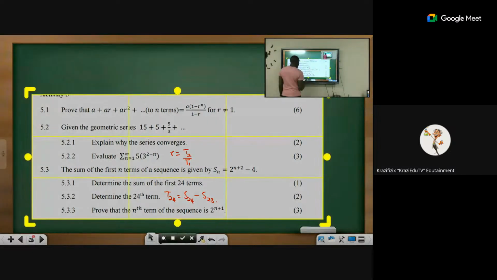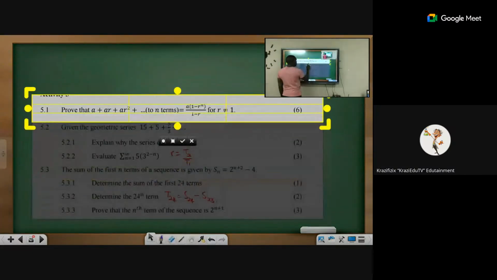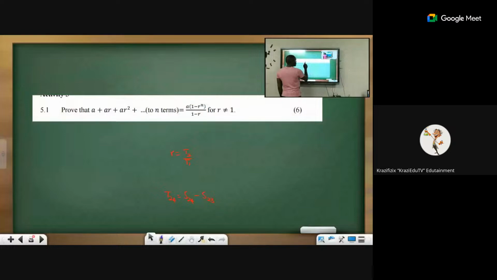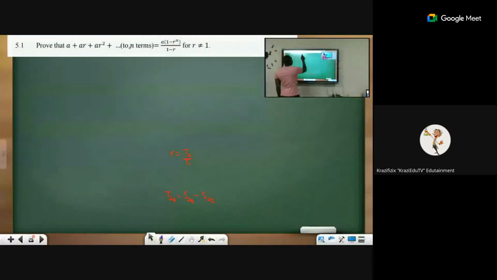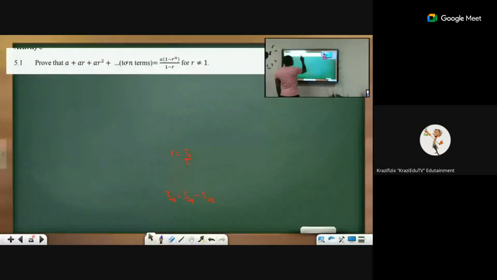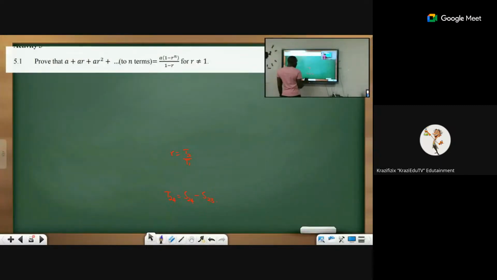Okay, here's our first question for today. 6 marks. I told you what to do in case you missed it yesterday and you forgot or you got lost. Don't cram it. For this particular one, what do you do?